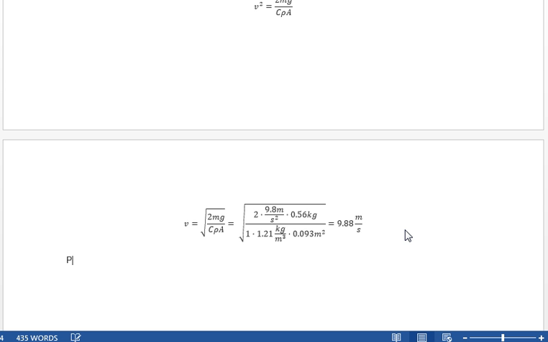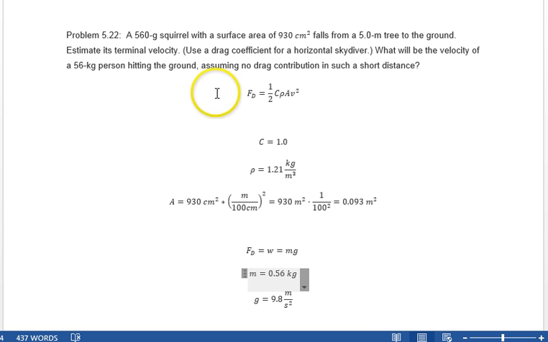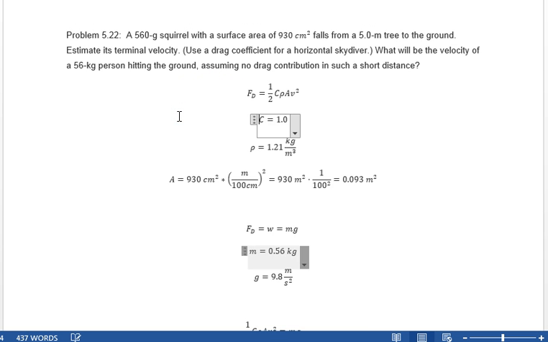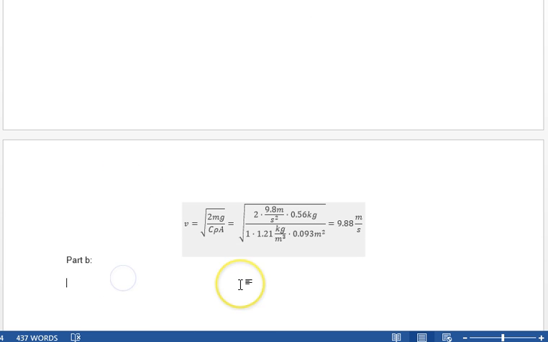All right, part B. What if this was a person falling out of the tree with no drag? So this is just the we-dropped-the-ball problem. We're looking for what is the velocity when they hit the ground.